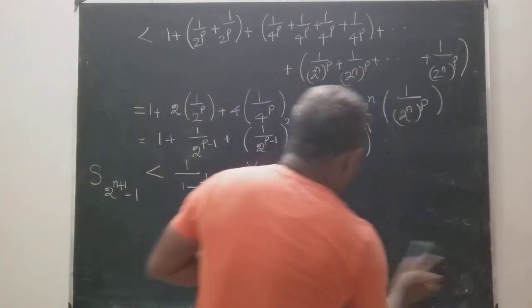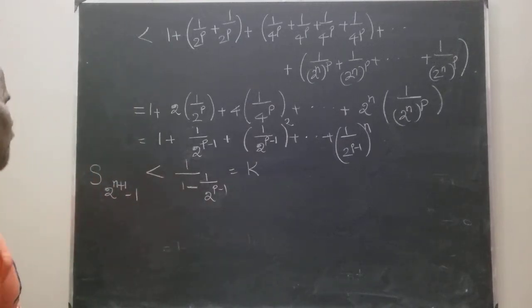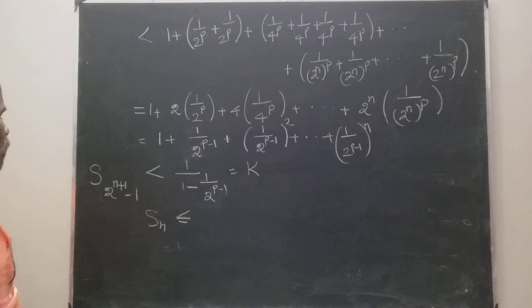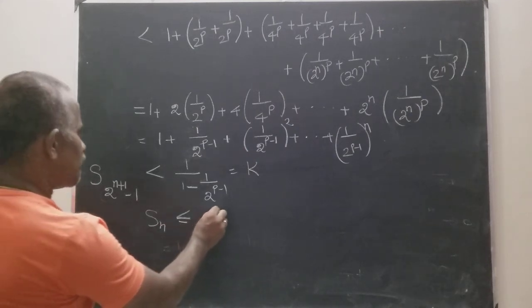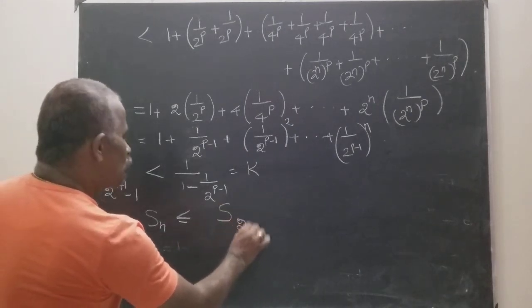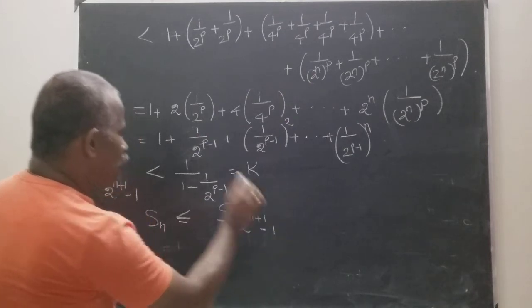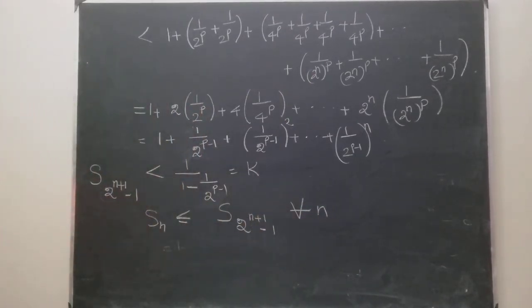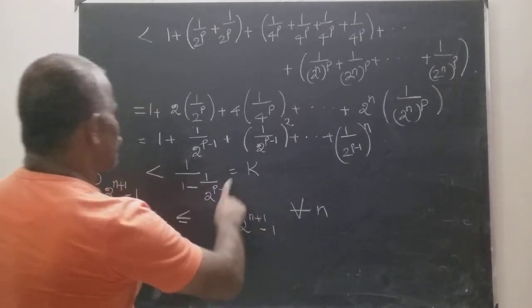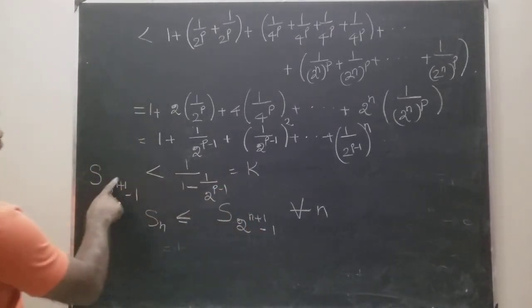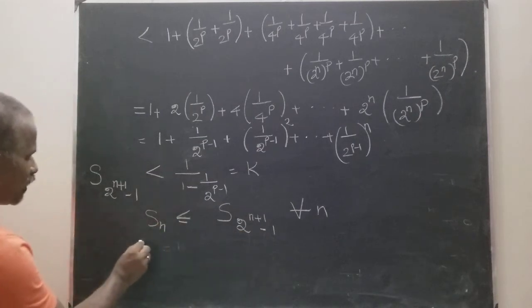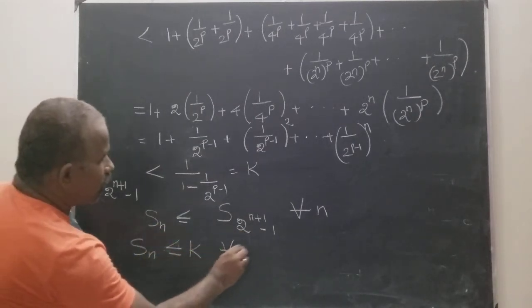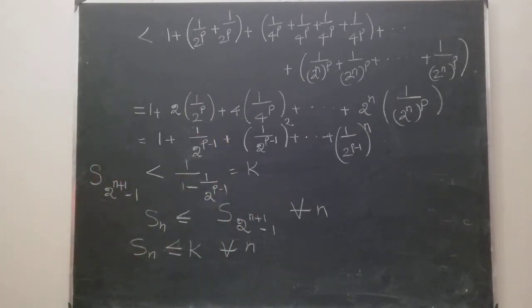Now the most important thing is here, Sn is less than or equal to S 2 power n plus 1 minus 1 for all n. So therefore this is less than or equal to k. So I can say that Sn is less than or equal to k for all n.